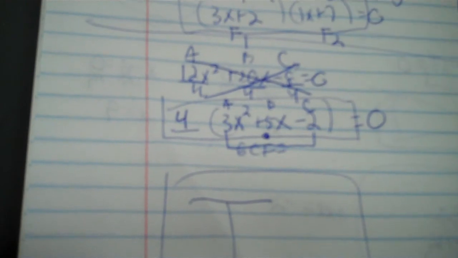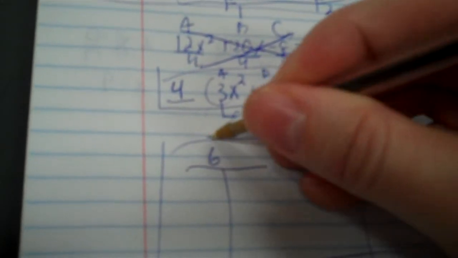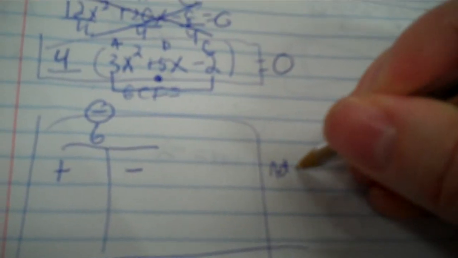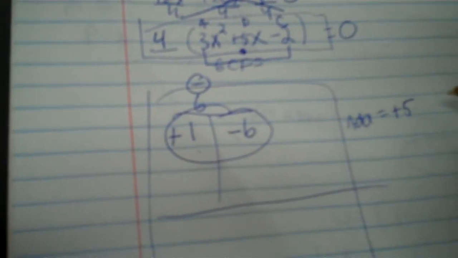So if you actually do a GCF on an ABC, then the parentheses is now your new A, B, and C. Okay, so I take 3 times negative 2. That would be negative 6. So we're looking for a positive times a negative that would add up to positive 5. Right there I have it, okay? But it's negative 5, so to make positive 5, we just switch the signs.